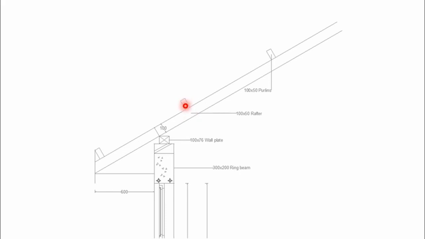1000 millimeters. 1000 millimeters from one rafter to the next rafter, because we are going to use the roof GCI sheets as the roofing material, and we shall pick a 3 meters GCI sheet. So a 3 meters GCI sheet can be placed conveniently within those purlins of 1000 millimeters center to center.